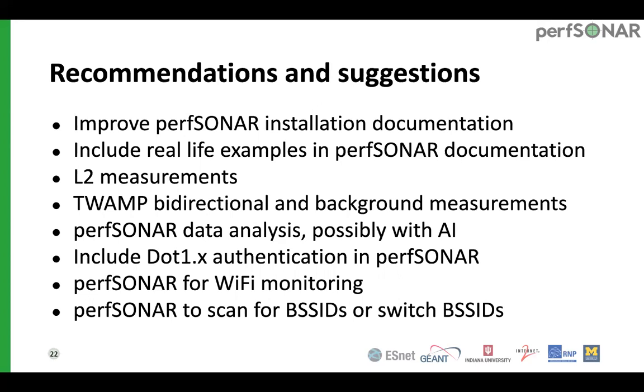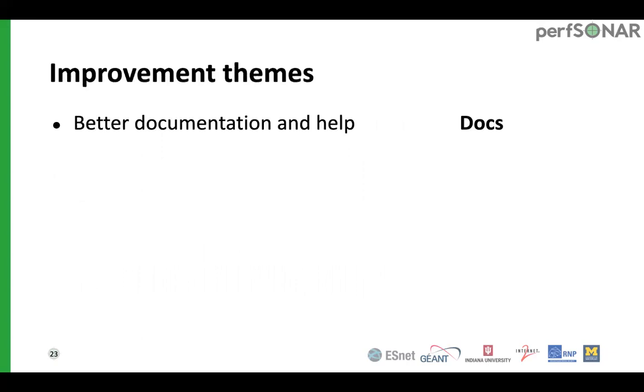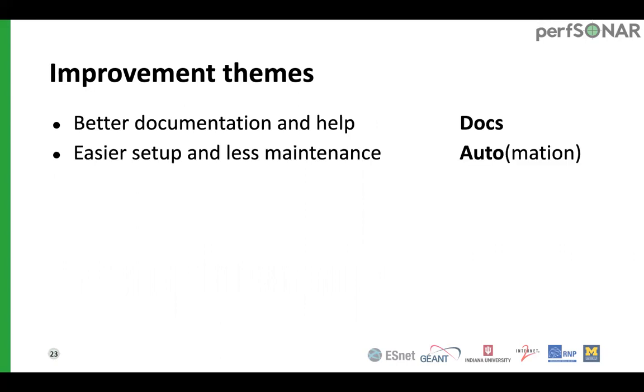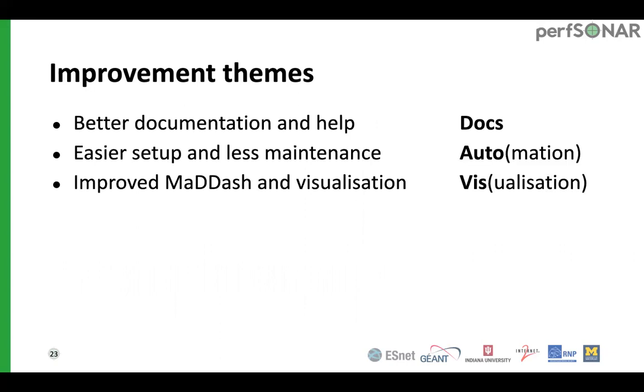So these are 8 clear recommendations that we extracted from the workshop, and we also grouped them into 4 different improvement teams that we saw as patterns in the first workshop. So it is around documentation, it is around automation to have easier setup and less maintenance.